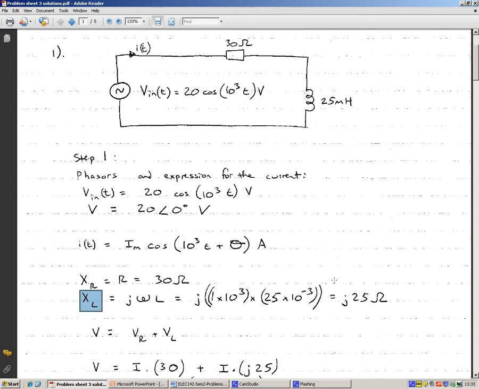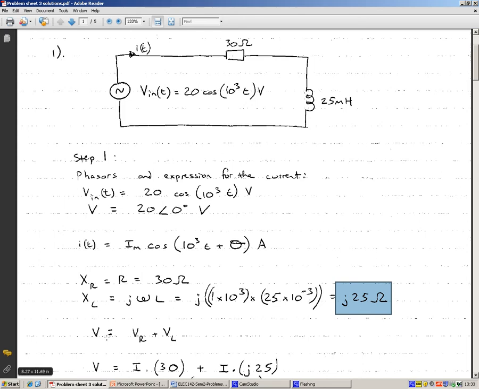When we solve that, we get j25 ohms. So that means it's a resistance of 25 ohms along the positive imaginary axis. So we've got basically the impedances of these two circuit components, the resistor and the inductor.